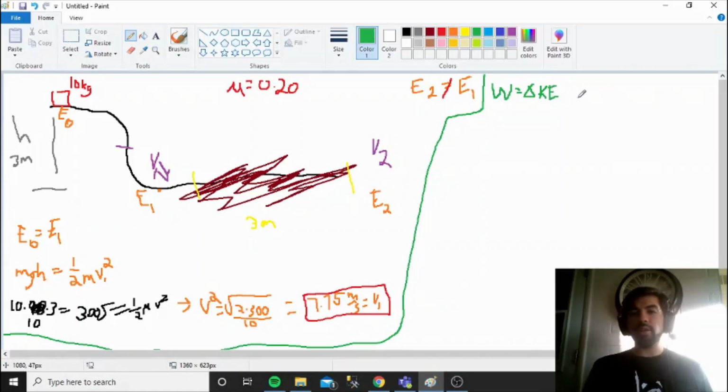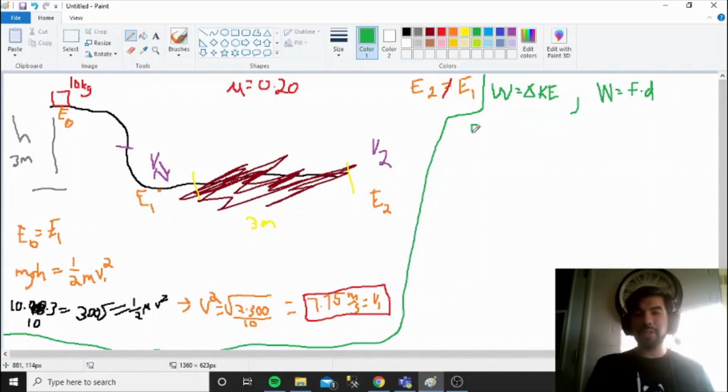And also work, you should know this from before, is also equal to, there's the cosine theta, I'm going to ignore that right now, force times applied over a certain distance. So we have work is the change in kinetic energy, and then force times a distance. So since A equals B and A equals C, then B equals C.